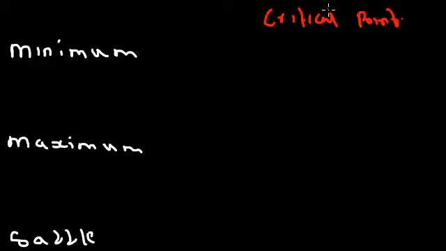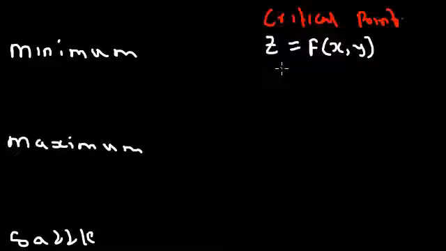To find the critical point, you basically need to find the partial derivative of that multivariate function. So let's say we have z equal to a function of x, y. Z is a multivariate function of x and y.